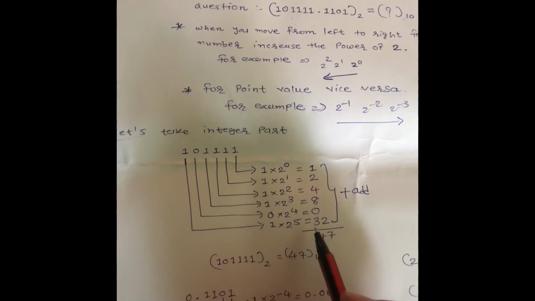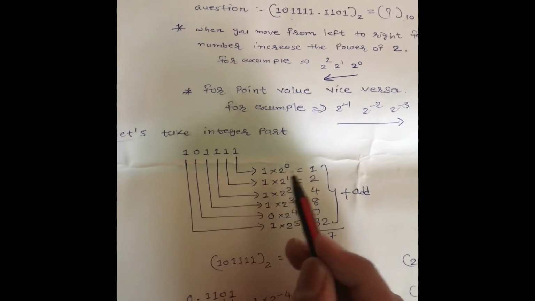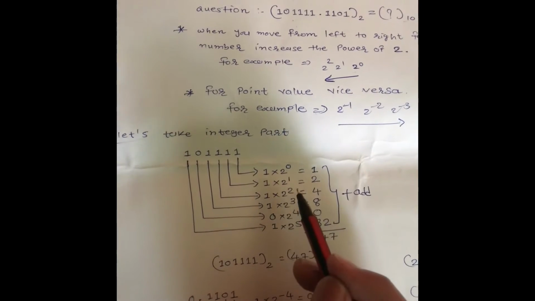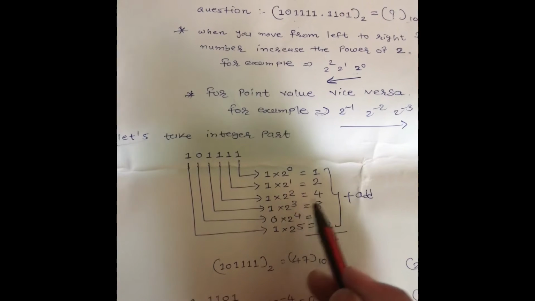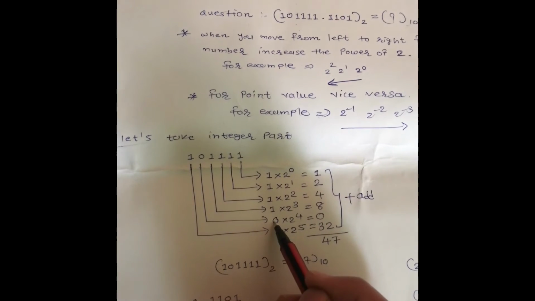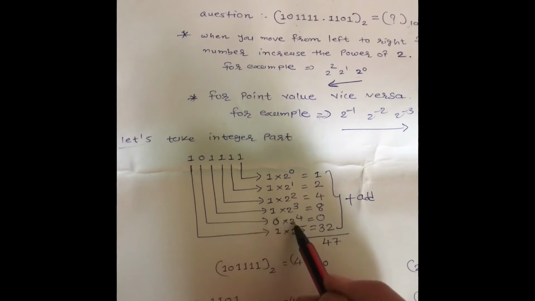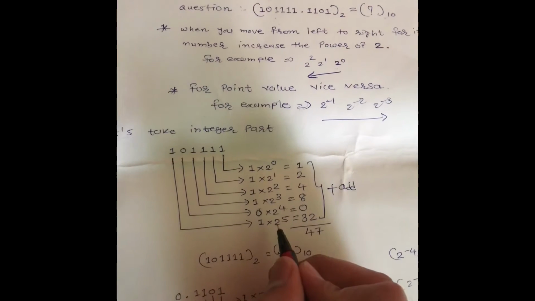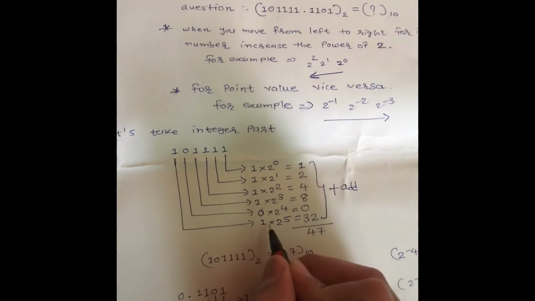So 2 raised to 0 is 1, 1 into 1 equals 1. 2 raised to 1 into 1 equals 2. 2 raised to 3 into 1 equals 8. Then 0, because when you multiply 0 by any number it is 0. Then 2 raised to 5, that is 32 into 1, equal to 32.